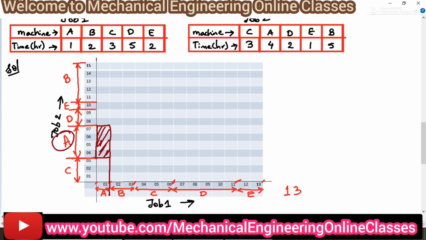So we are projecting the A time from the x-axis and also from the y-axis, from the job 1 and job 2 axes, and we are drawing the rectangle. So this rectangle shows that A is occupied during those times.